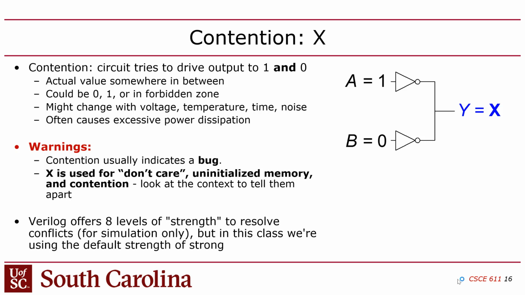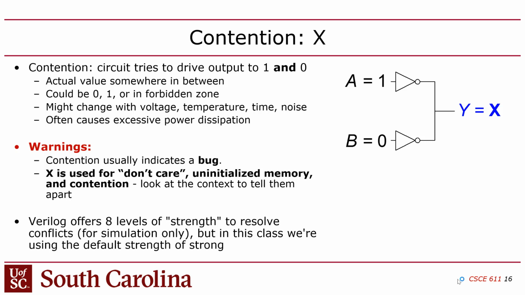And that's designed to be able to resolve these contentions. But in this class, we're not doing anything advanced enough to take advantage of that. We're just going to avoid contention altogether. I've never seen an FPGA that's allowed any kind of contention. So I think that strong and weak thing is for, like, ASIC design. Like I said, I've never actually used it for anything practical.